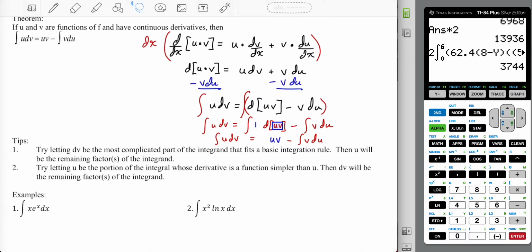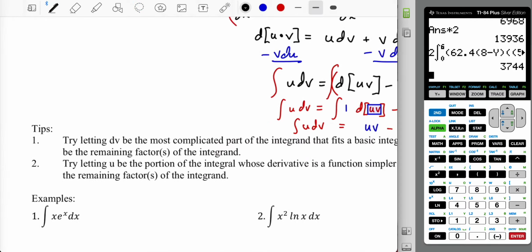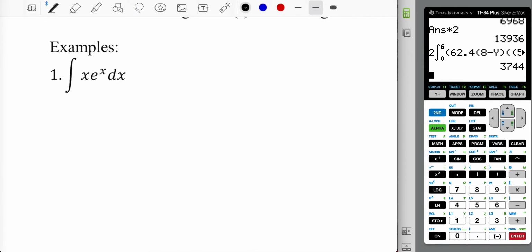The little tips there: try letting dv be the more complicated part of the integrand and all that stuff. Basically, you're going to select two things when you're integrating by parts. You're going to select a u and you're going to select a dv.